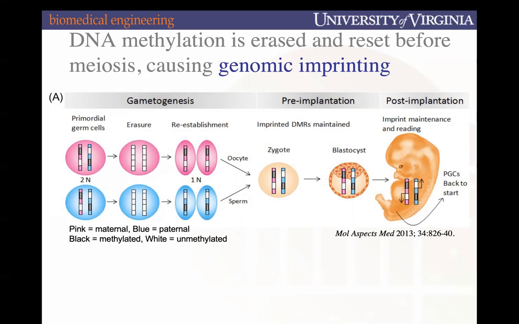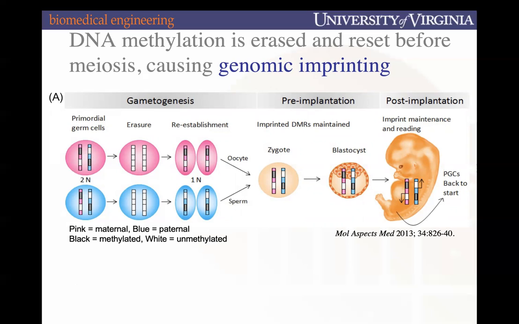So to try and help break down some of the colors here, we have two primordial germ cells. We have the egg and the sperm. Right now they're diploid. They have two copies of every chromosome. This is pulled straight from a journal that was really helpful in trying to identify some of the key mechanisms here.